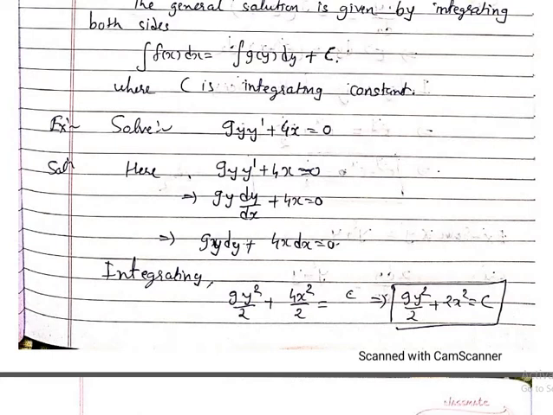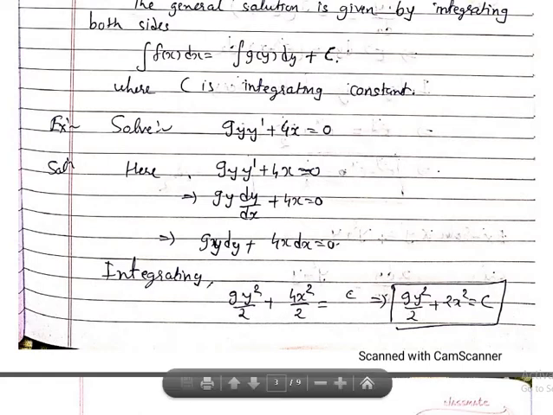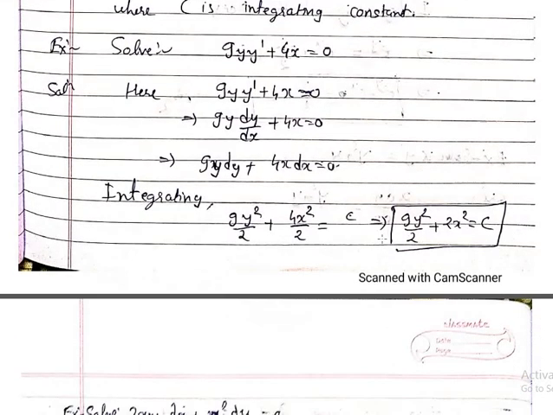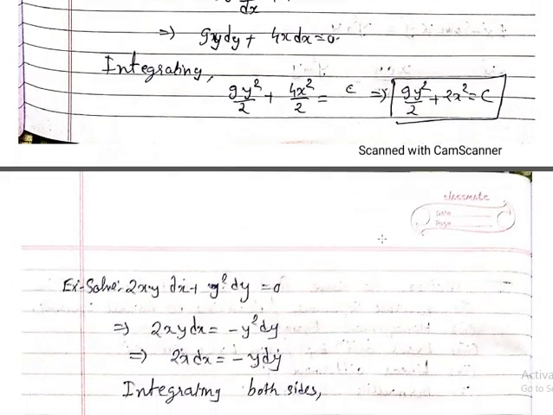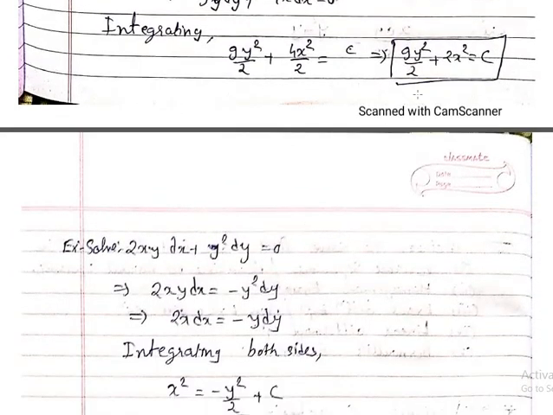That will give you 9y dy plus 4x dx is equal to 0. Now you have terms of y with dy and terms of x with dx, so you can integrate both sides. So integrating both sides, that will give you 9y square by 2 plus 4x square by 2 is equal to c. Simplifying, that will give you 9y square by 2 plus 2x square is equal to c.